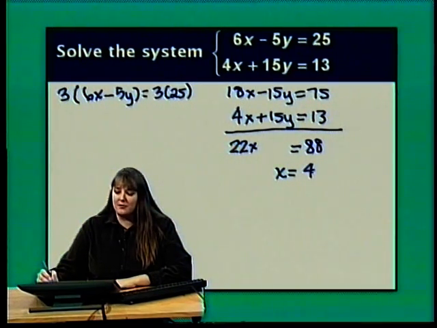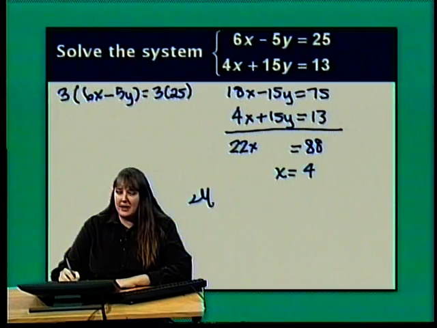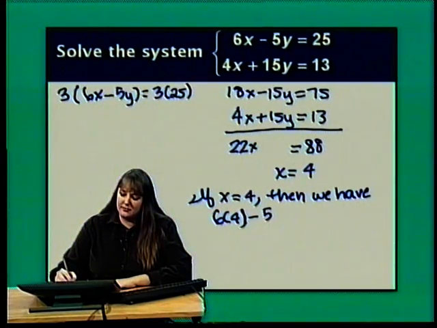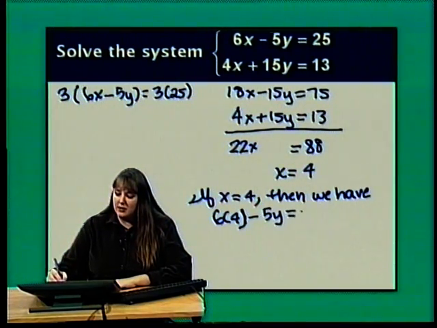I still need to solve for y. So if x equals 4, then looking at the first equation, we have 6 times 4 minus 5 times y equals 25.